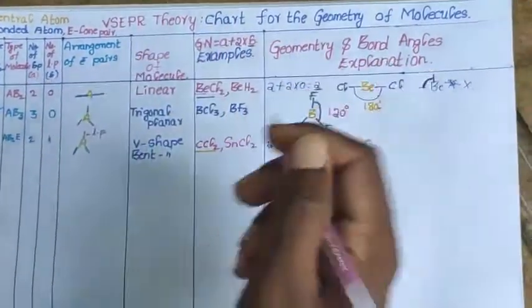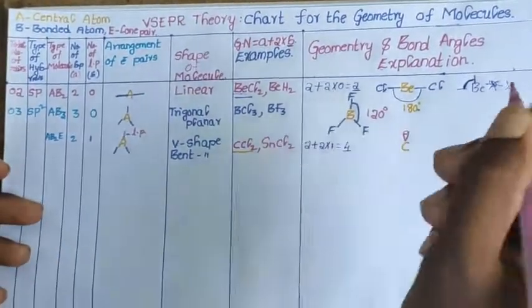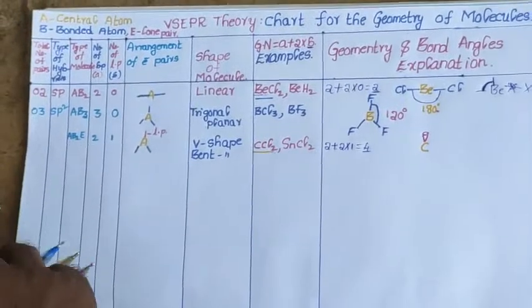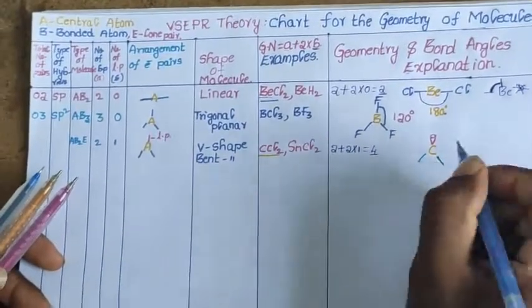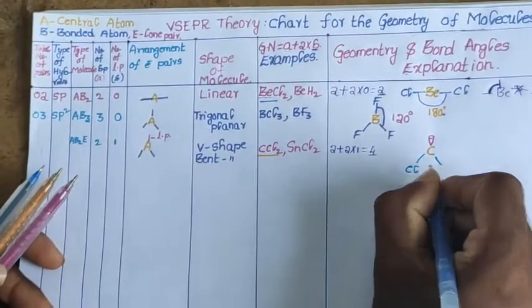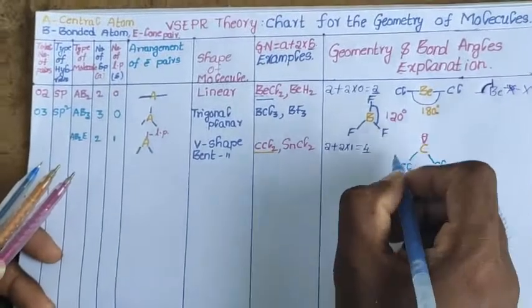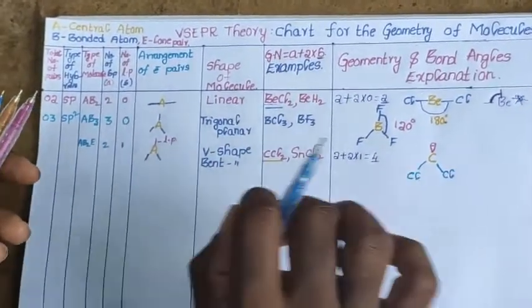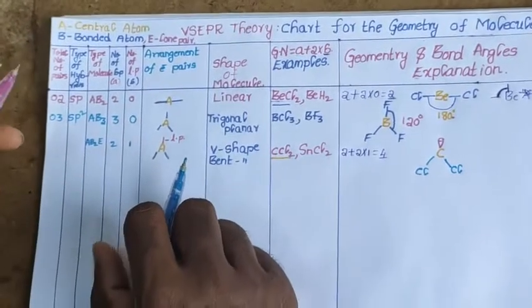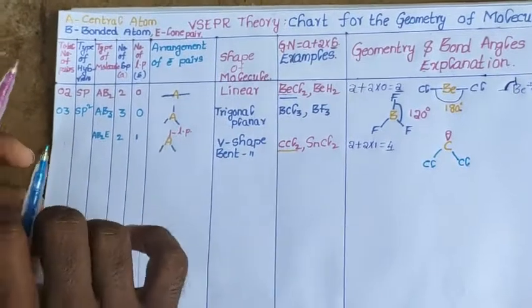One lone pair and two bond pairs. Like that arrangement only, this molecule is stable. This is sp2 hybridization for these two possibilities.